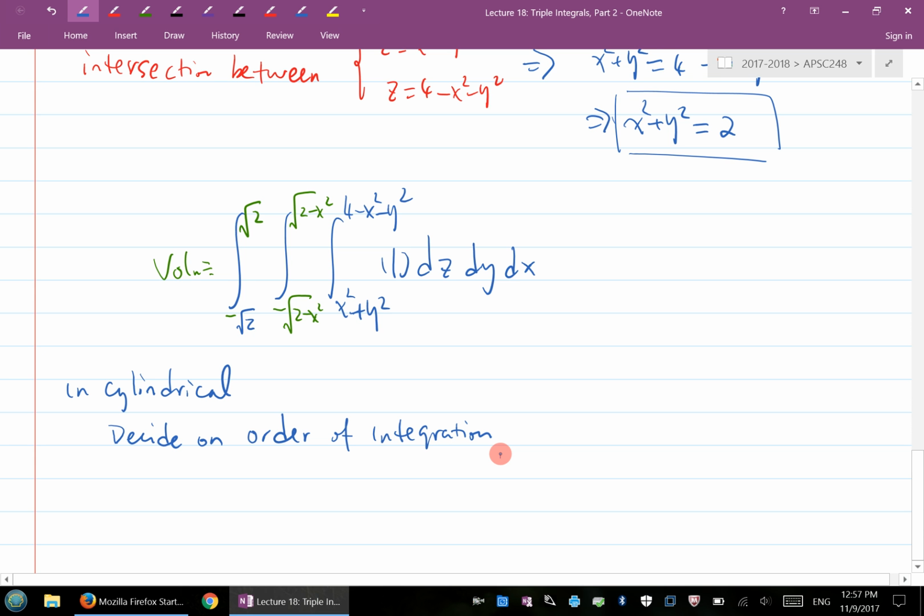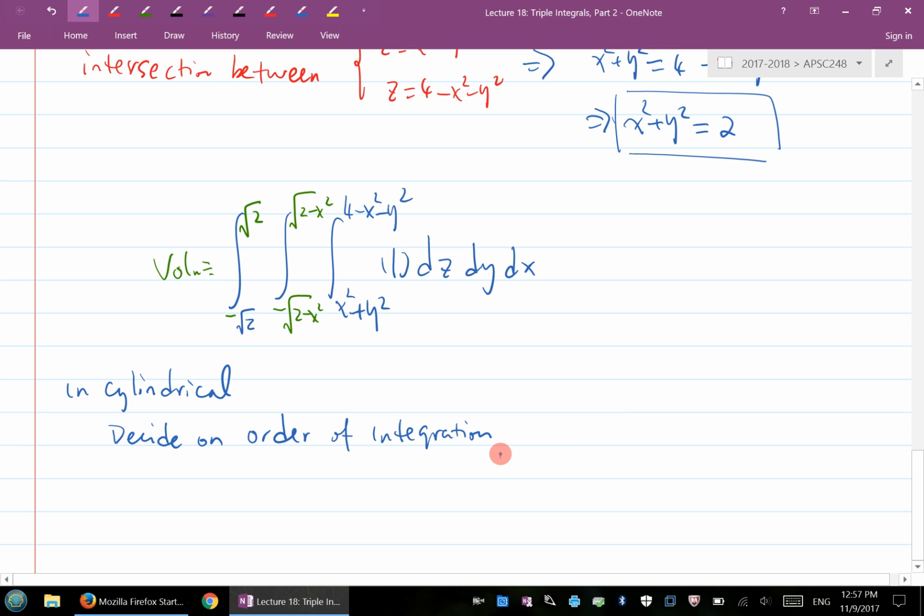Theoretically, you can use any order: r theta z, theta r z, or z r theta, any combination.